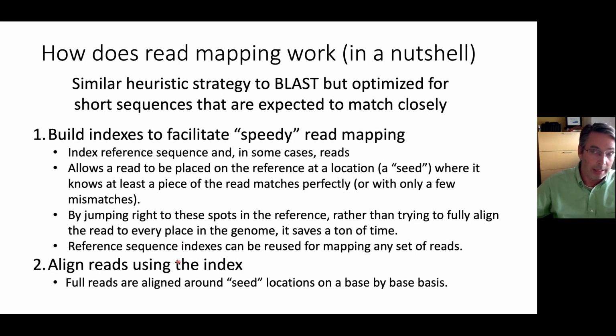That would be equivalent to the BLAST bit score. But in this case, you're also getting the mapping score, the probability that it found the right spot. Those are analogous to the E value and the bit score. BLAST E value: what's the expected chance that you got this hit? And then the bit score: what is the alignment quality?